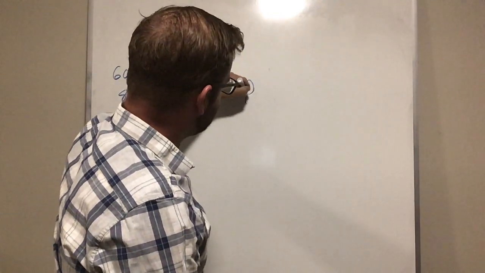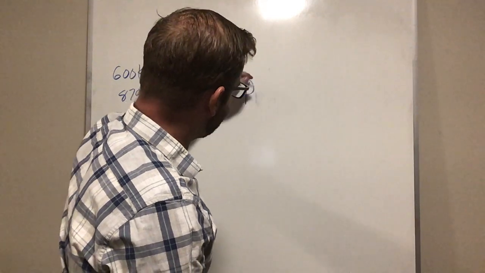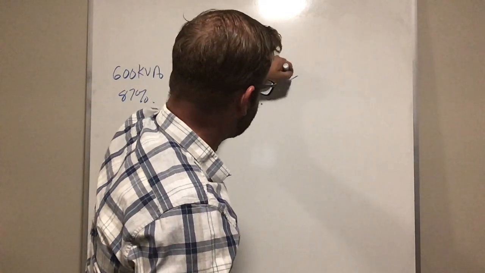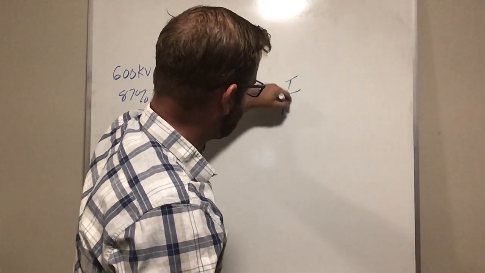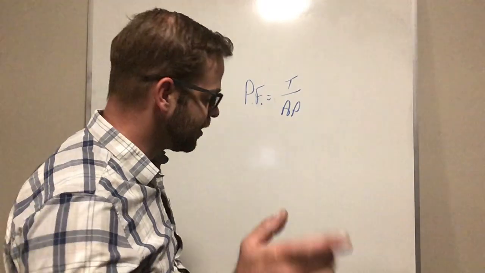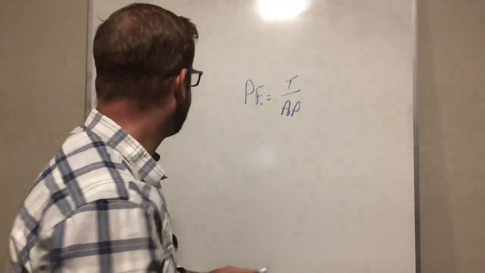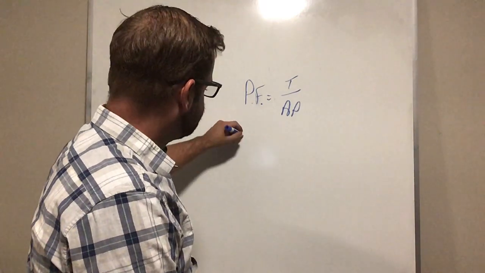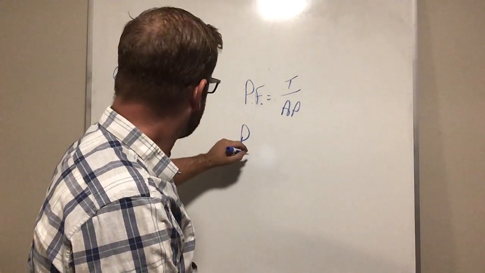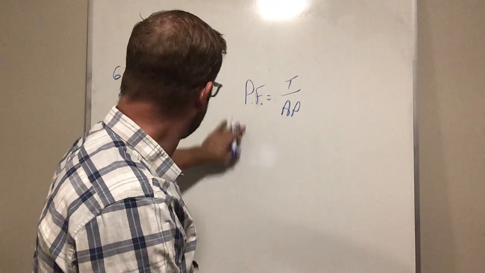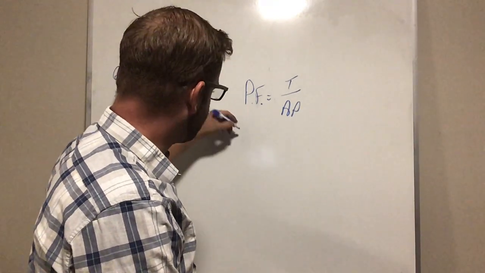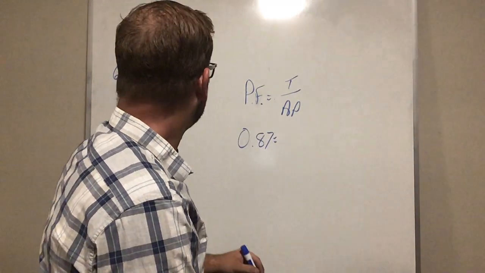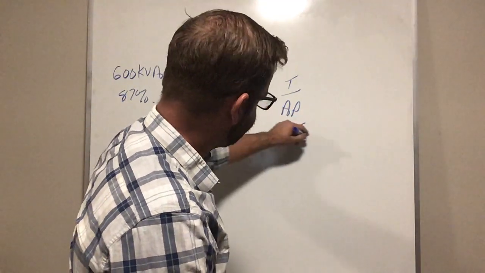So the formula we need to go with is power factor is equal to true power over apparent power. If you want to stop and work on this before you look at this, you're more than welcome to do that. So we know that the power factor is 87%, which as a decimal is 0.87. True power is unknown.